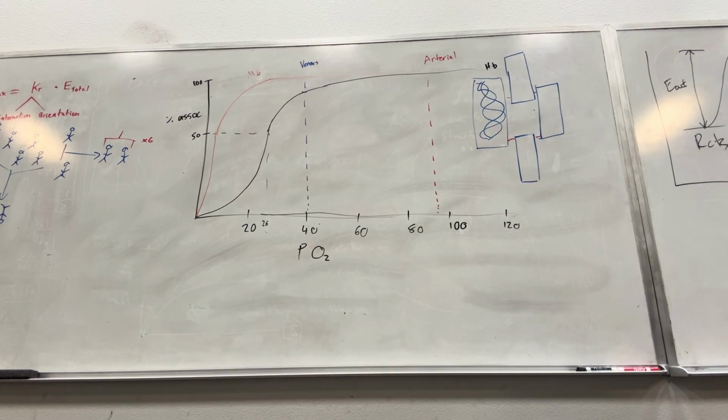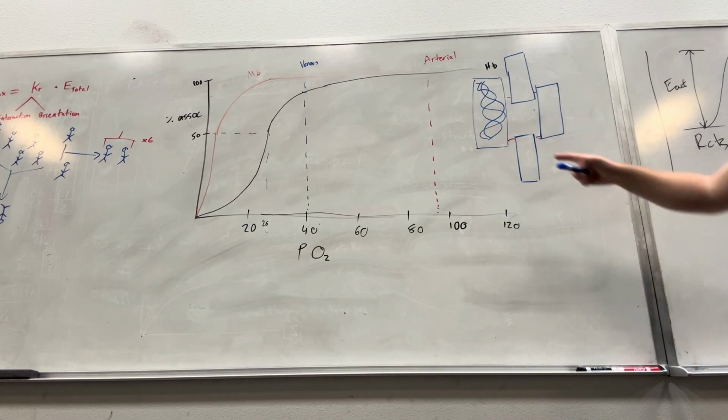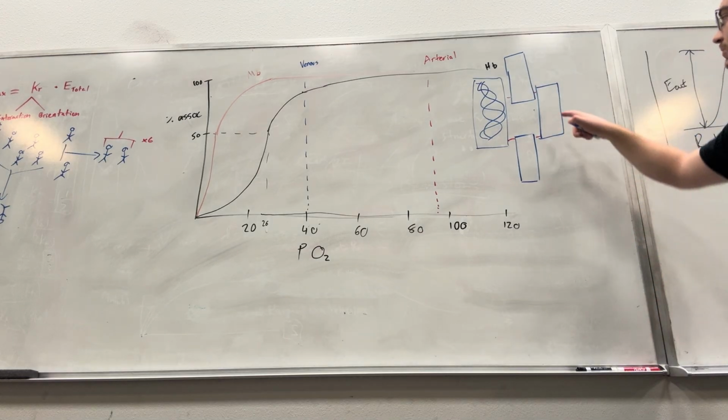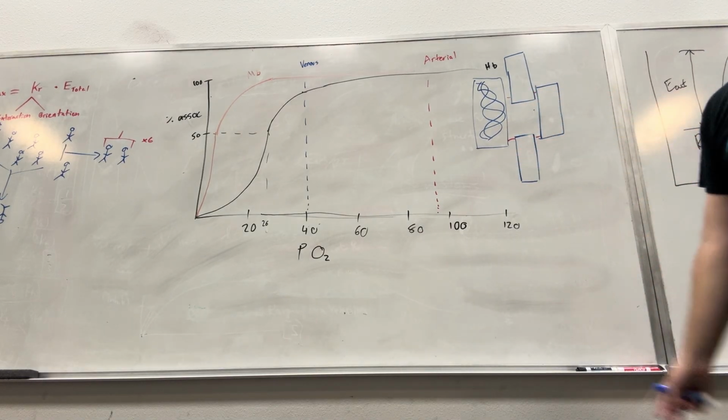Why is it important? Well, if one of these little tiny ones gets damaged, the whole thing doesn't get damaged. If you were to remove one of these, who cares? Just put a new one in there.